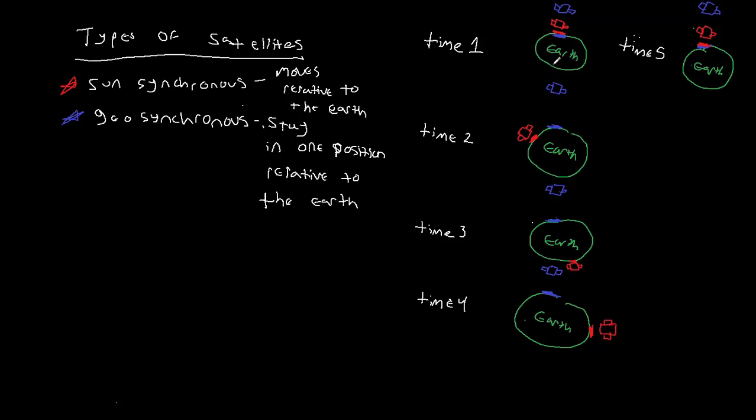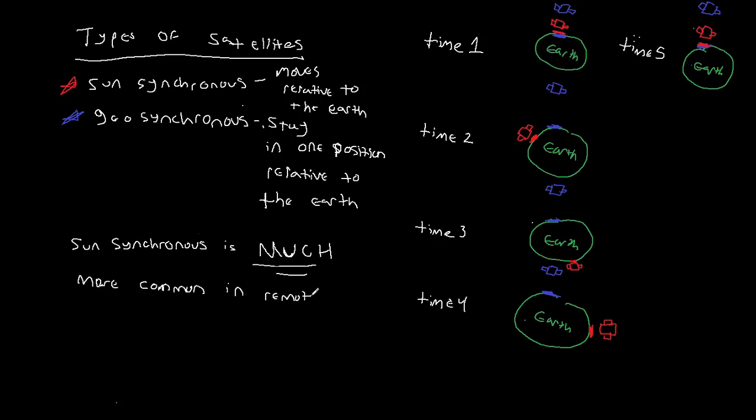But you can hopefully get from this diagram and what I just said that sun synchronous is much more common in remote sensing. Why?